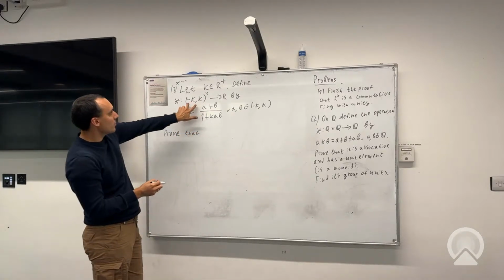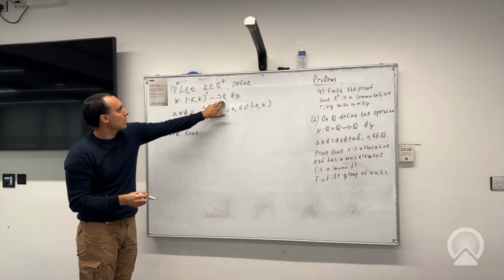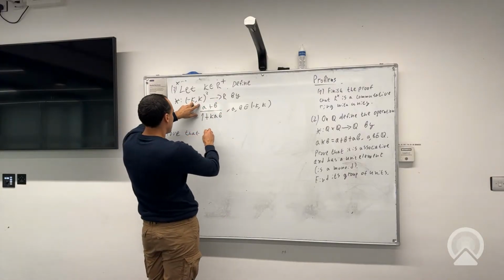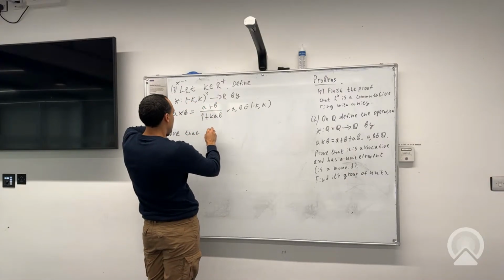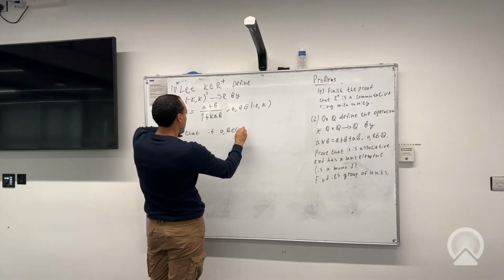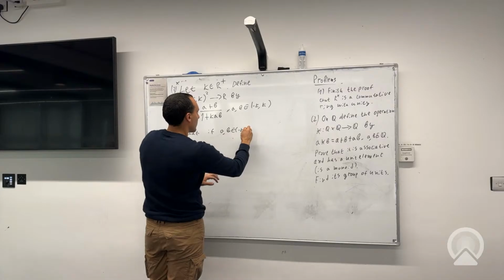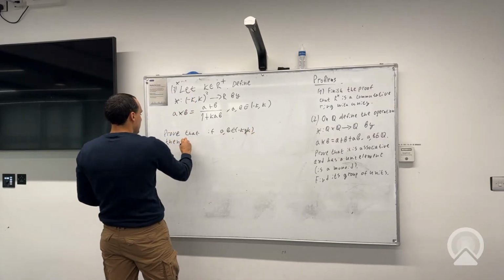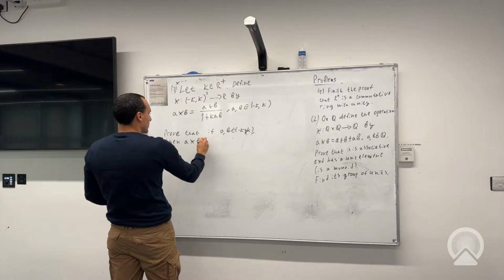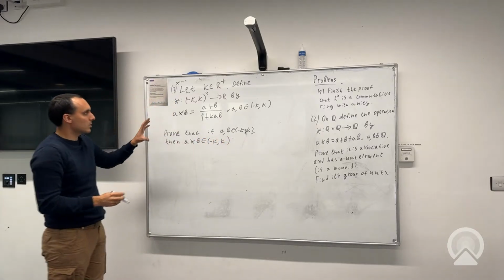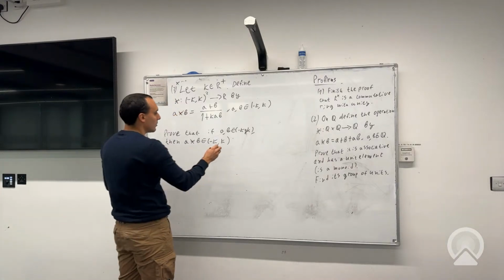So first you need to prove that the operation goes into minus k to k. That if a and b are in minus k to k, a star b is also in minus k to k. So it's closed. It doesn't go outside.